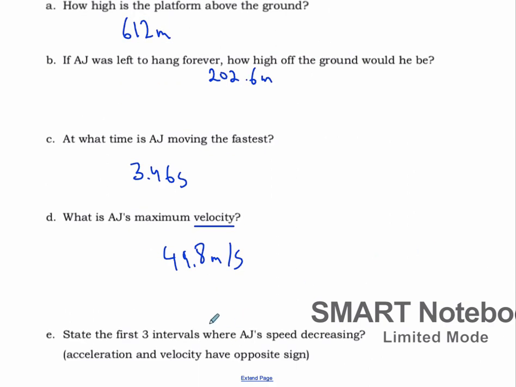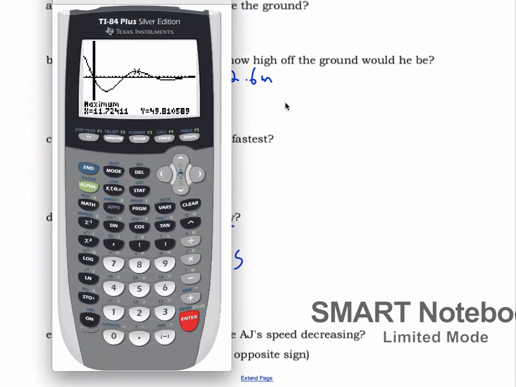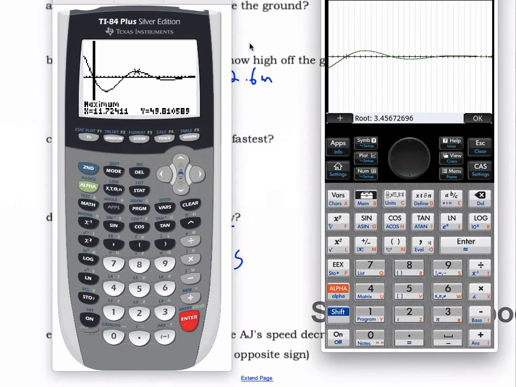Okay, next question, state the first three intervals. We're just going to do the first interval, where speed is decreasing. So speed is decreasing when the velocity and the acceleration are opposite signs. Okay, when the velocity and acceleration are opposite signs. Let's see if I can do it in the TI-84.